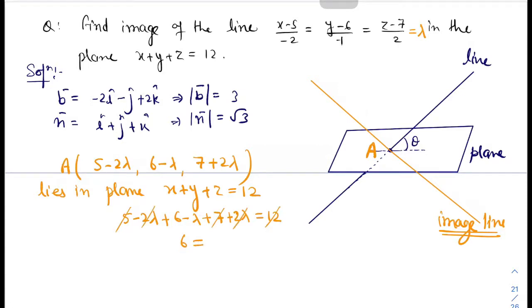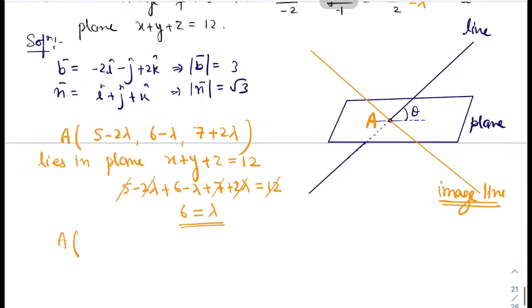The 2 lambda and minus 2 lambda also cancel, so lambda comes out to be 6. It means our point of intersection of line and plane comes out to be, just put lambda equal to 6, minus 7, 0 and 19.